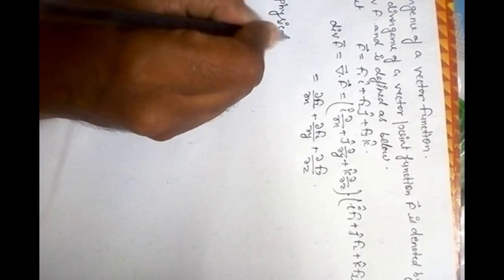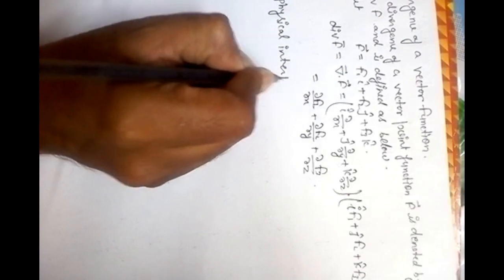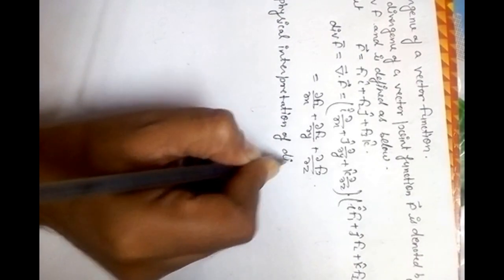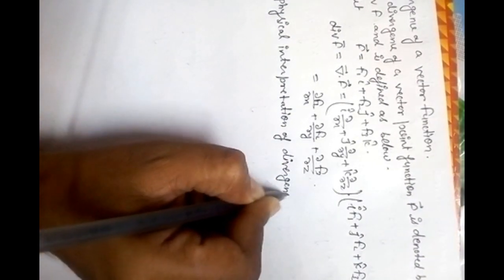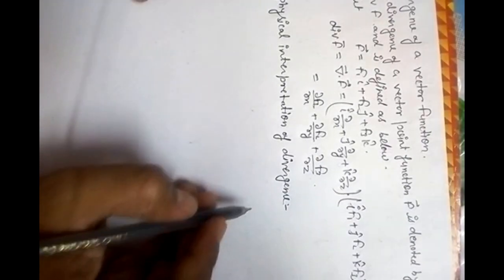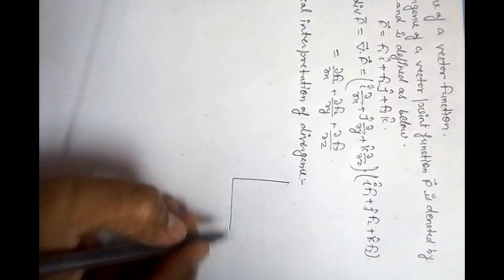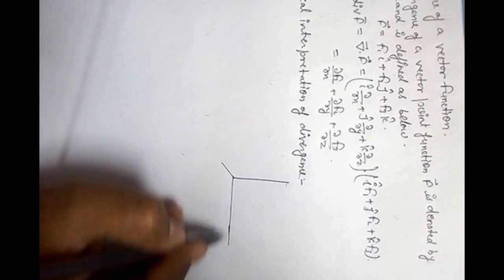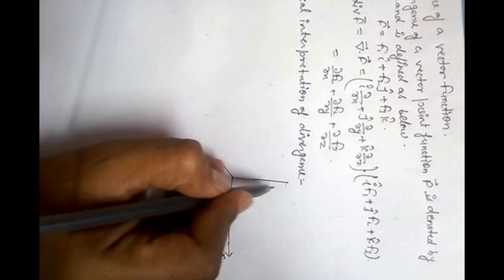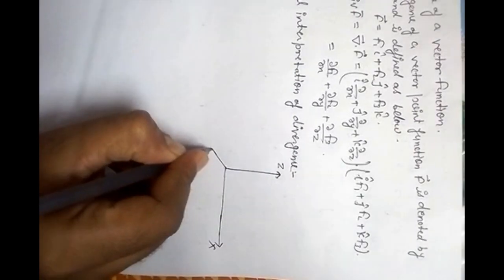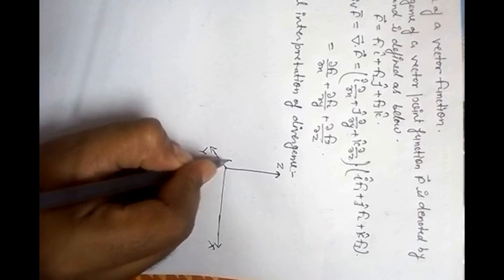Okay, now physical interpretation of divergence. X, Y, Z plane, and this is origin.